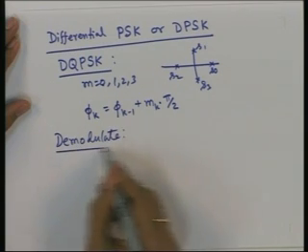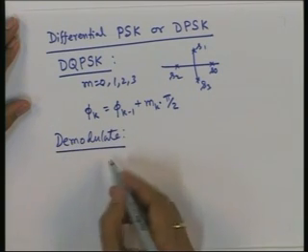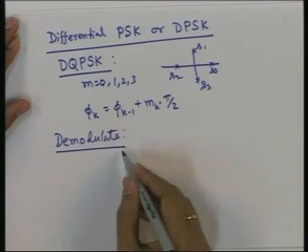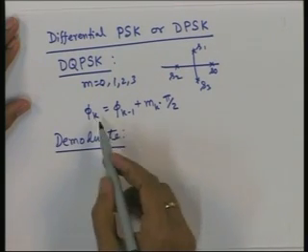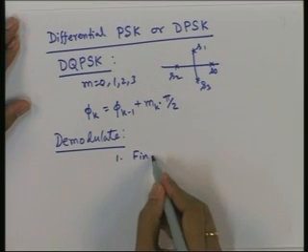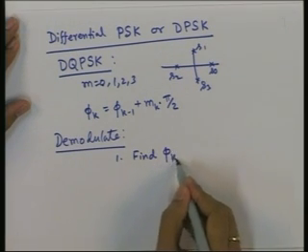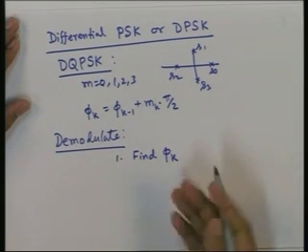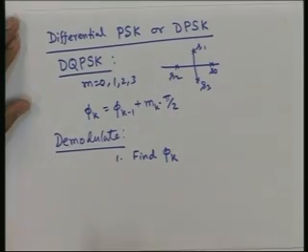Of course, we can do exactly the same way as before, and we first find out what is the phase of the received signal, that is we find phi k, and then previously we actually found phi k minus 1.